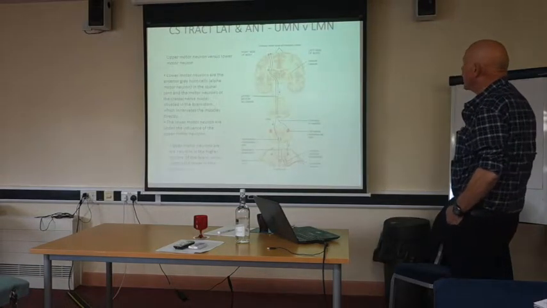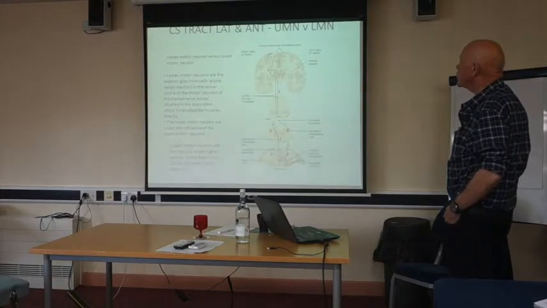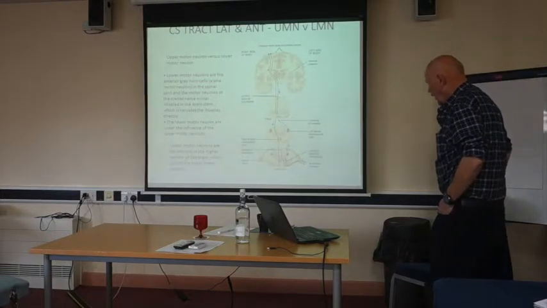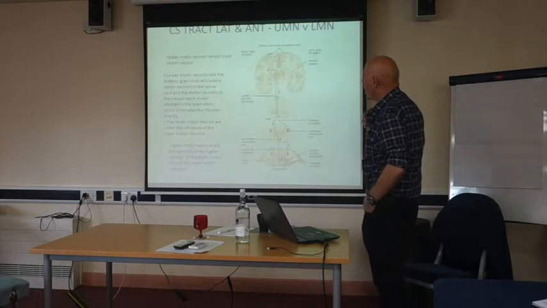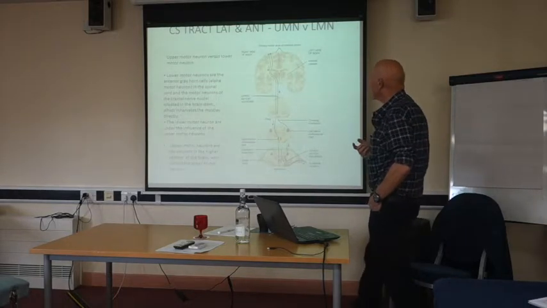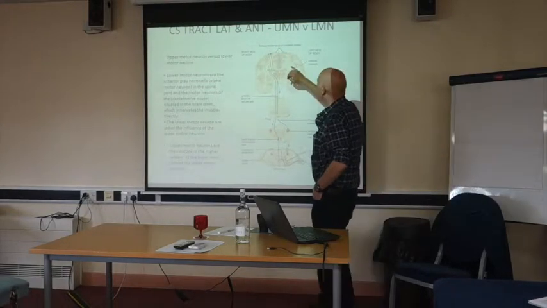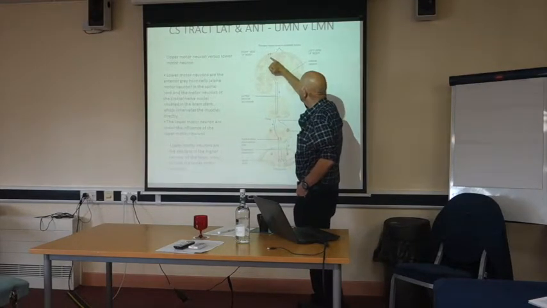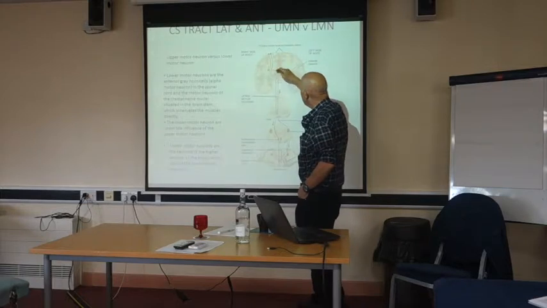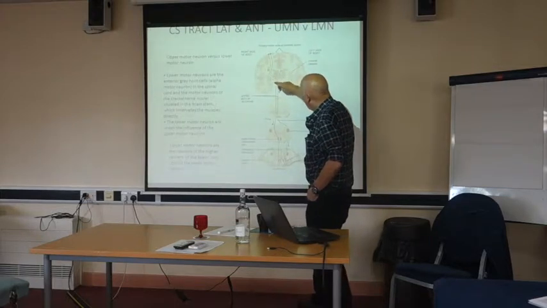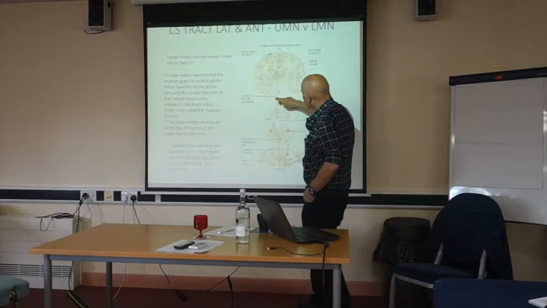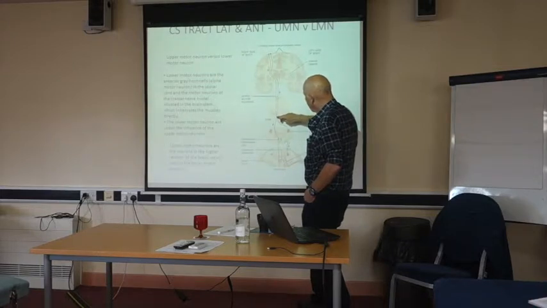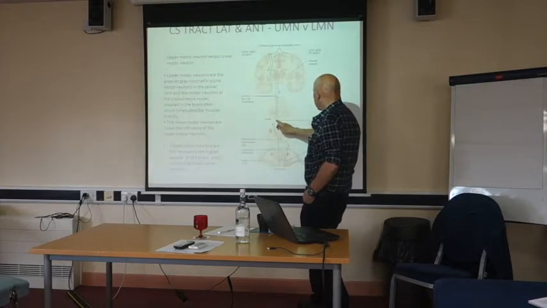So if we think about the corticospinal tract, remember this is an efferent and motor tract, and it's starting up in the motor cortex. It comes through various parts of the brain itself, through the brainstem, pons, and into the medulla.